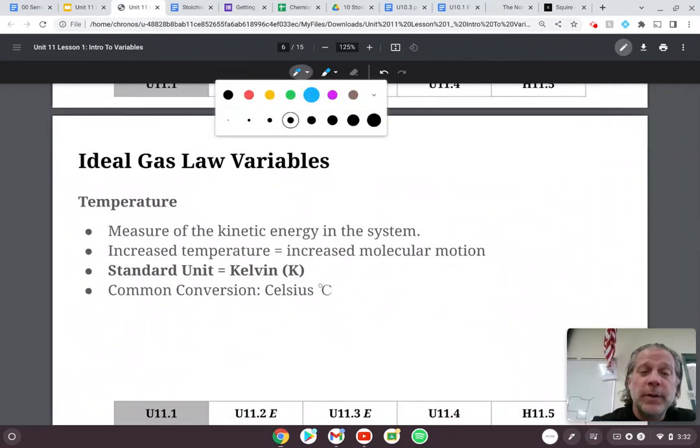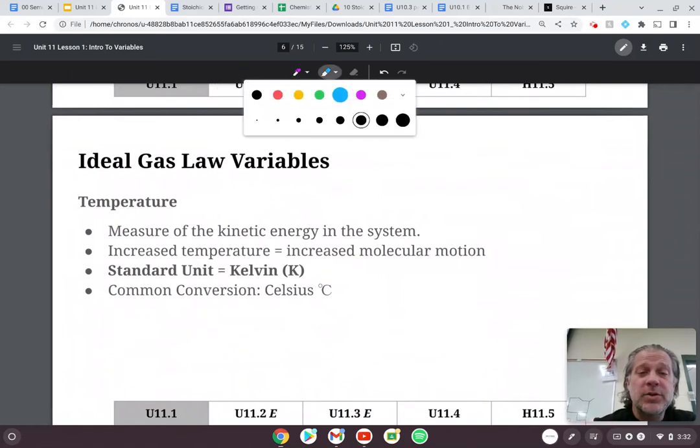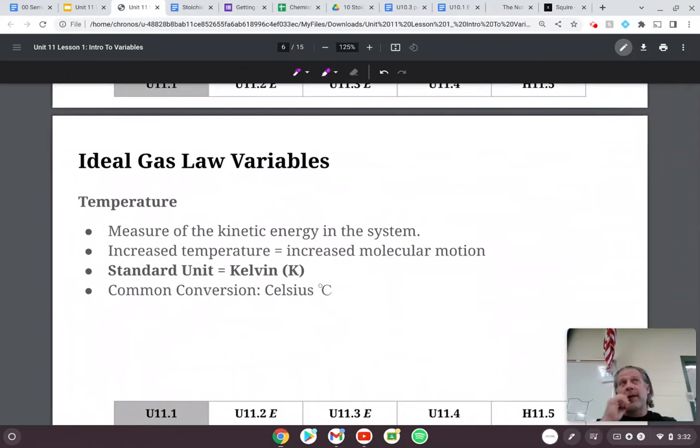And then the last one is temperature. And temperature in chemistry is a little bit different than when we usually think of temperature. A lot of times we think of temperature like, oh, it's hot outside, or oh, it's cold outside, or I've got a fever, I'm burning up. But really, temperature is a measure of how fast or how slow the particles of that particular substance are moving.